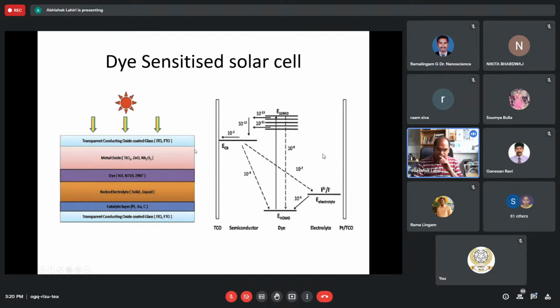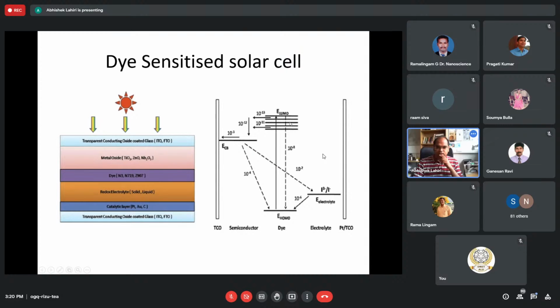So when the sun shines on these kinds of solar cells, the dye absorbs the energy, and because it absorbs the energy, the electron can go from the HOMO level of the dye to the LUMO level of the dye. Once you have a jump in energy, there is a transfer from the dye to the metal oxide.